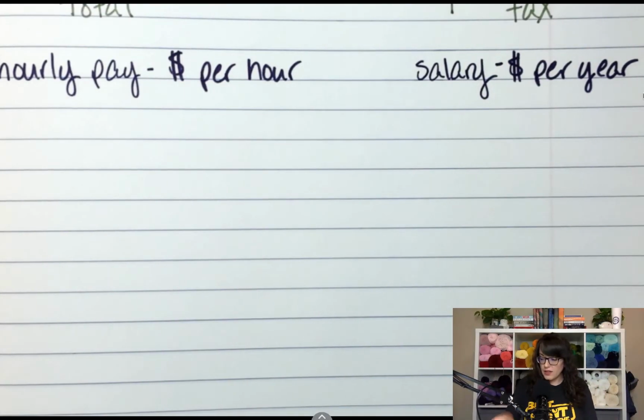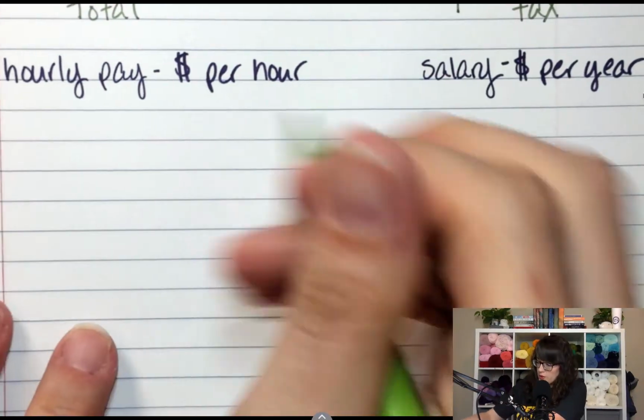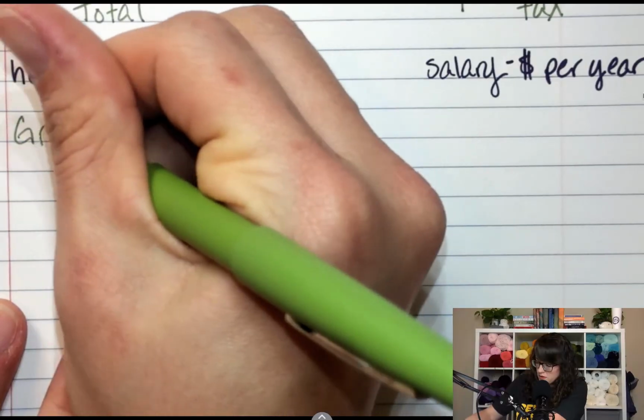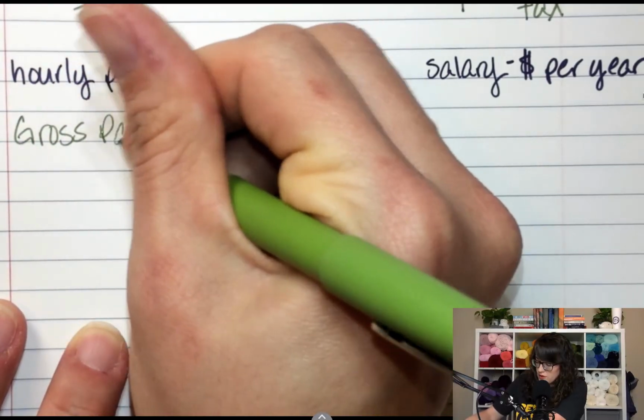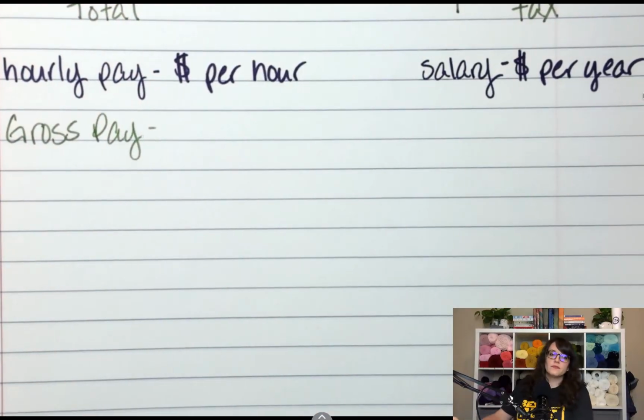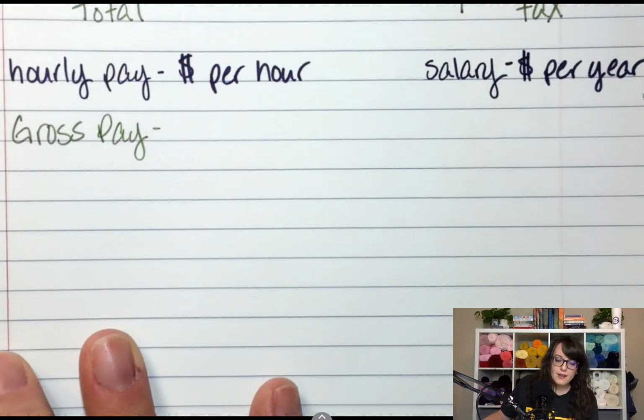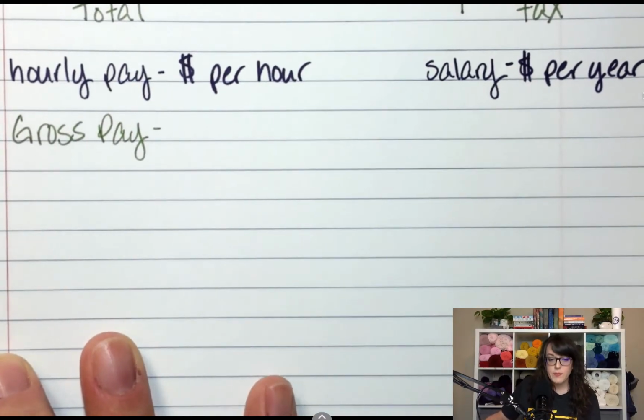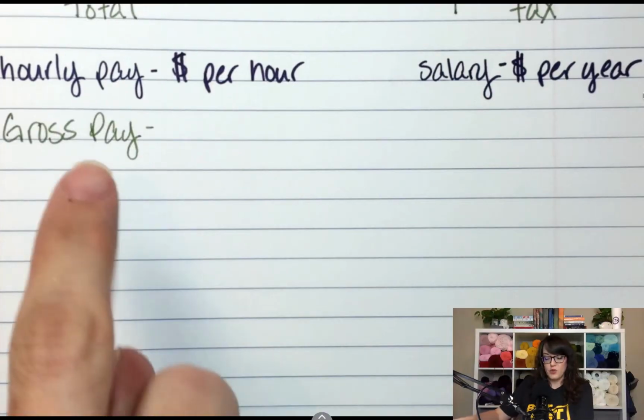The other thing you can do, gross pay. Next vocab word, gross pay. Gross pay is all your money. This is like how much you actually make.